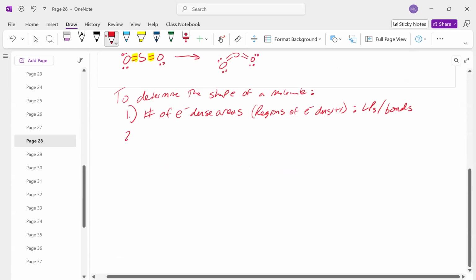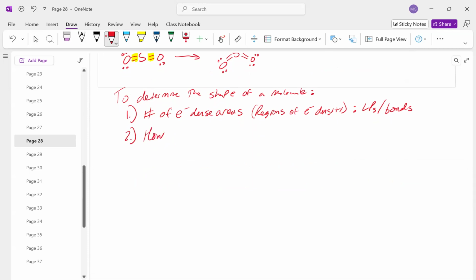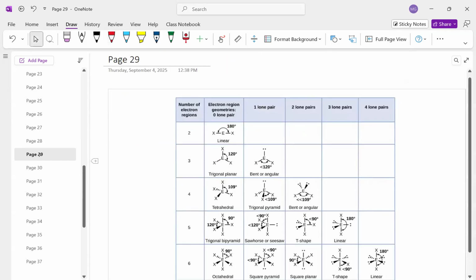Now, the second important thing to know is how many of these regions are lone pairs and how many are bonds. Knowing that number will guide us to the proper molecular shape. Let me show you a very important table to know.